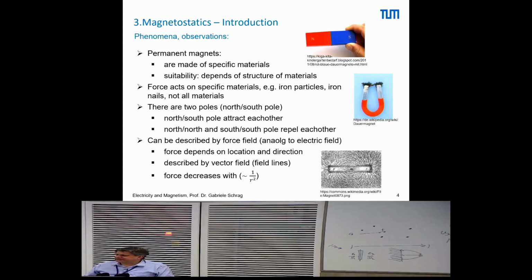The force decreases with a ratio given by 1 over r squared. So you see there are quite a few parallels to the electrostatic scenario. But there are also some differences that we will see later, for example, that you cannot separate these poles.